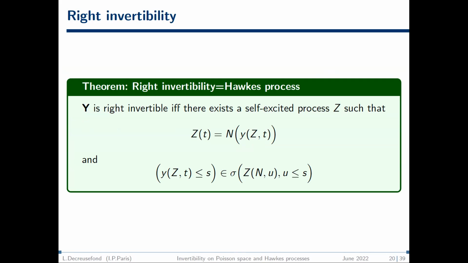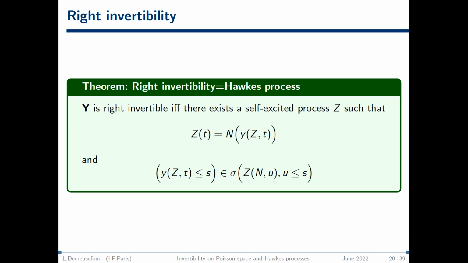Self-exciting is linear? No. The only hypothesis I have is y dot is strictly positive and predictable. So it does not rely on this particular representation. Shot noise? No. It's completely general. So what's the definition of self-exciting? Just that it has this form.